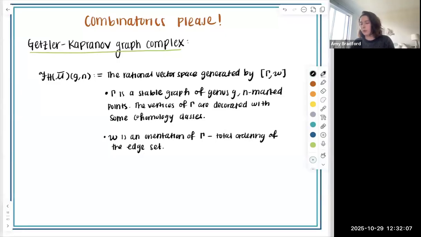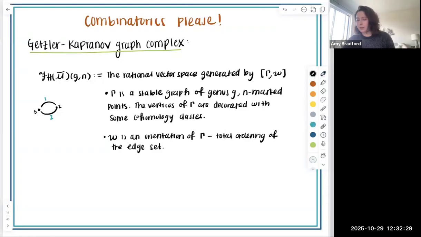So, for example, let's look at something like this. Let's look at an undecorated graph for a minute. So I could take one of these graphs with these weighted vertices, and then this ω is just going to be, I'm going to totally order the edge set in some way.